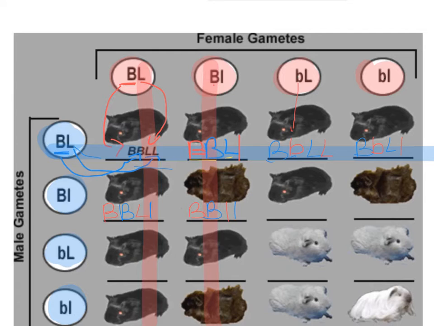I'm going to put my big B from dad in front of my little b from mom. We always put our capitals first within the letter. Then mom gave a big L, and dad gave a little L. Again, dad gave a big B. That's a capital, but mom gave a little b, so the big B is going to go first. Mom gave a little L, and dad gave a little L.